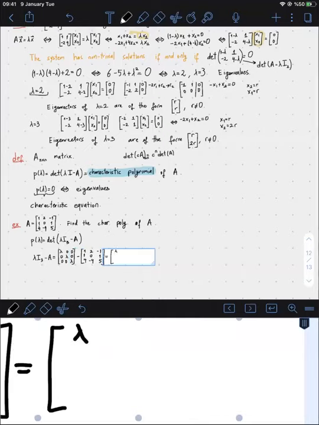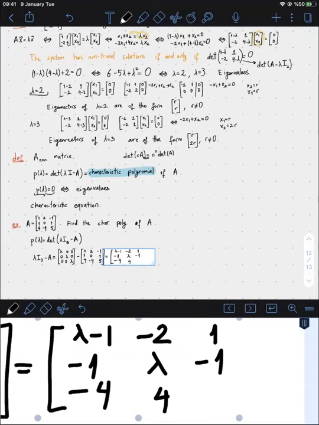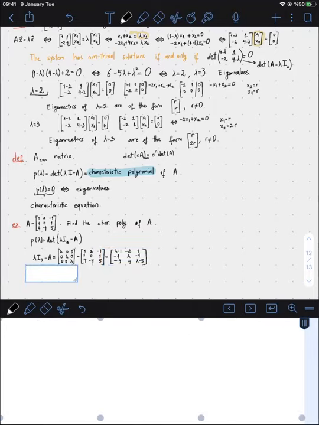And the result is lambda minus 1, minus 1, minus 4, minus 2, lambda, 4, 1, minus 1, and lambda minus 5. Okay, so we have to find the determinant of this guy.